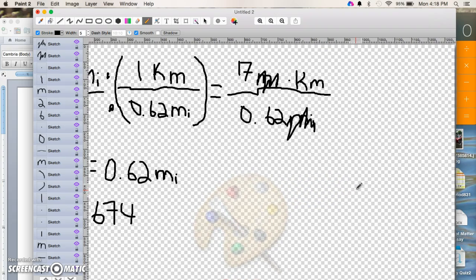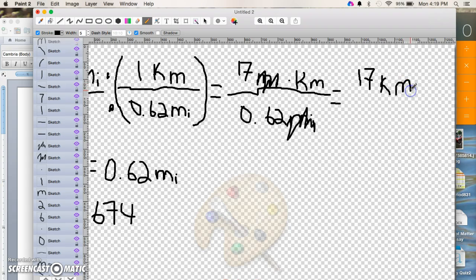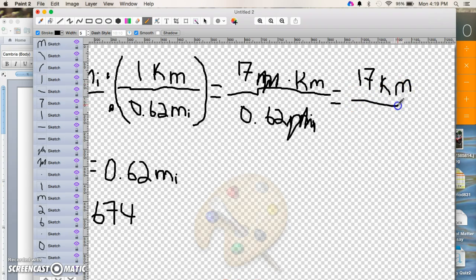So finally, what we get is 17 kilometers over 0.62.